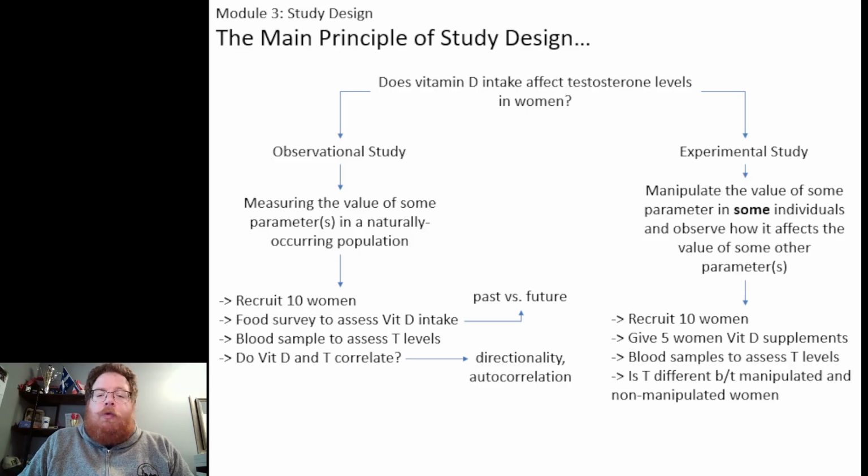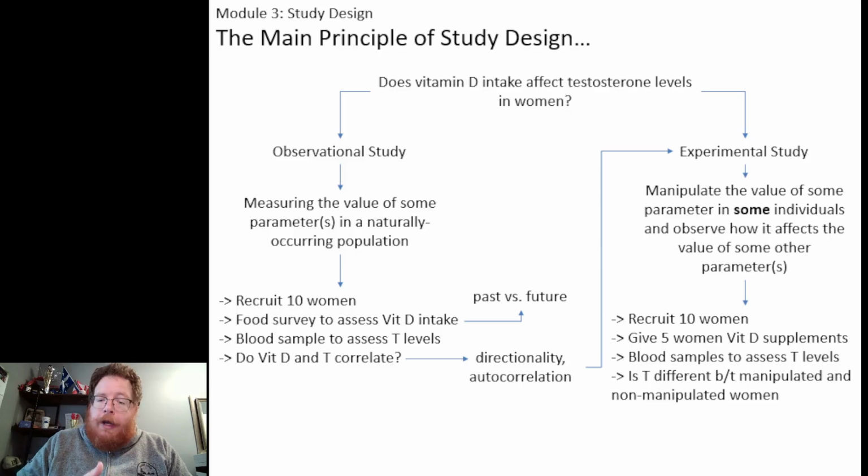Of course, this is the reason why most people who do an observational study will often use the results of that study as the basis for a subsequent experimental study. So for example, let's say I did my observational study and it turns out there was a positive correlation between vitamin D and testosterone in women. In that case, again, wanting to eliminate the ambiguity of how those results are interpreted, I might then follow up with the experimental study I've described here.